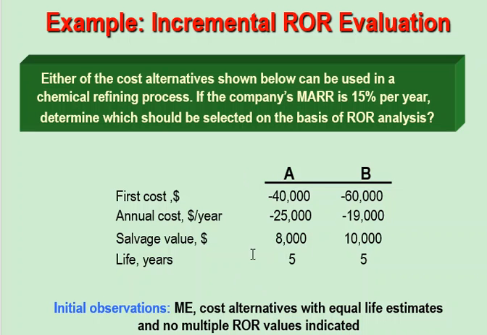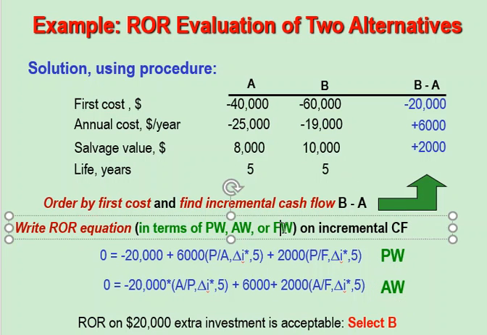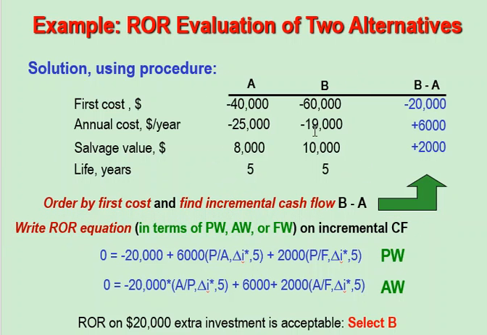We'll solve some examples about it later. But back to our example: we solved this based on PW, we can solve it based on AW, and we can solve it based on FW. There is another thing we have to keep in mind: what if we have A, B, C?